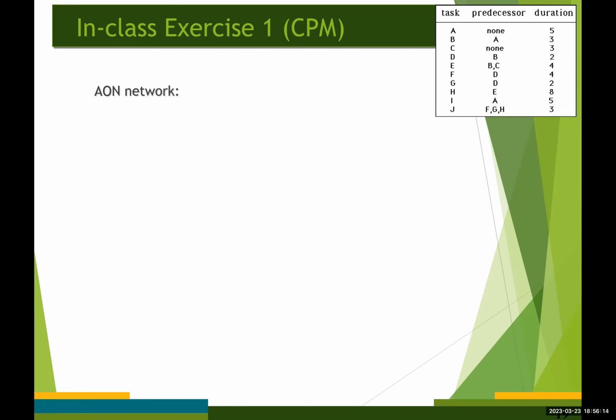Okay, before we work on the activity on arc network, the AOA network, let's build up an activity on node network, the AON network, first. If you remember, in an activity on node network, activities are represented by nodes, and the directed arcs are used to represent the completion of a set of activities.